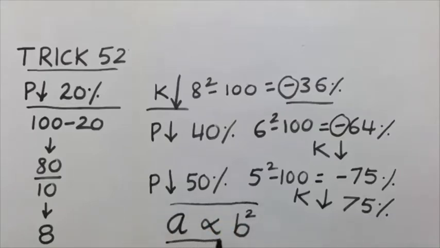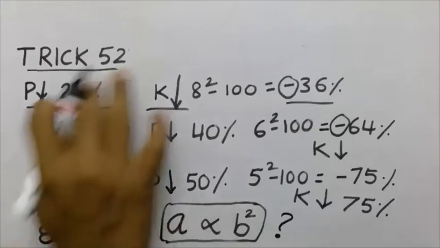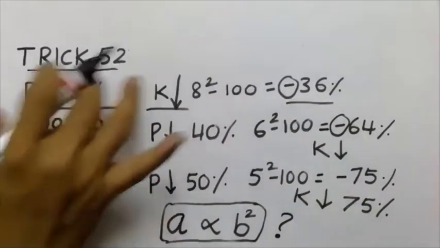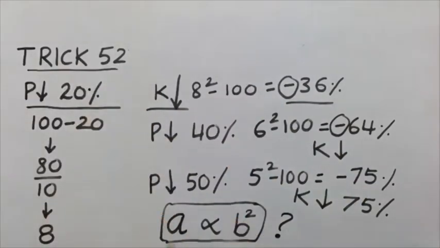There are so many situations in physics where we will see that if a parameter decreases by some percentage, what will be the percentage change in another parameter. We will see this many times. So the same procedure or trick we can use to solve any such question.